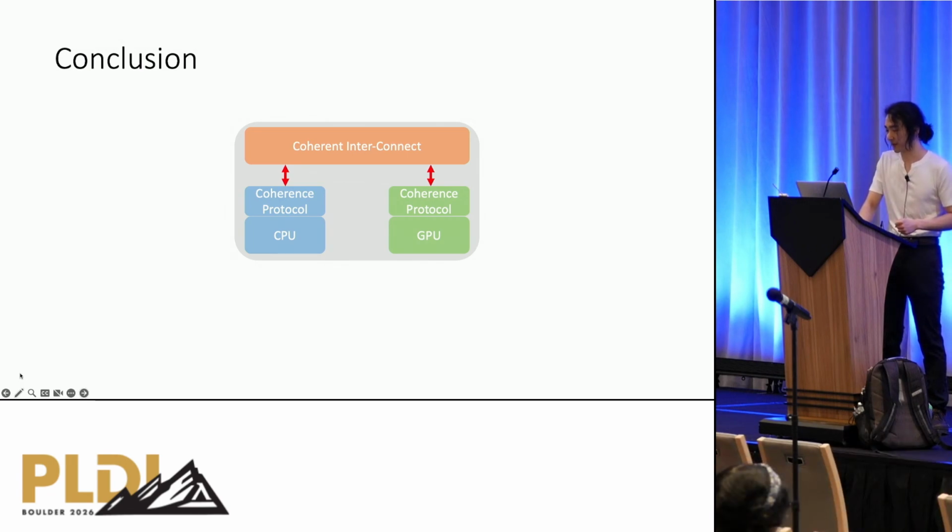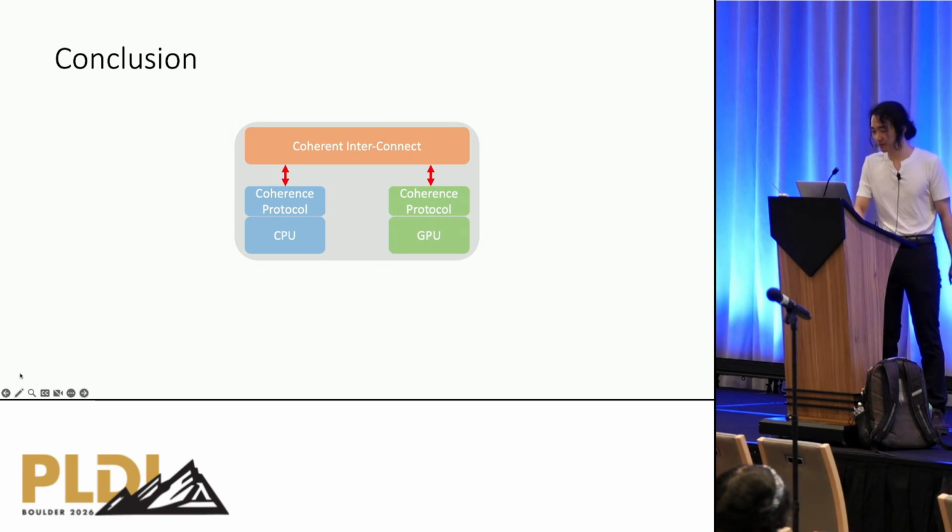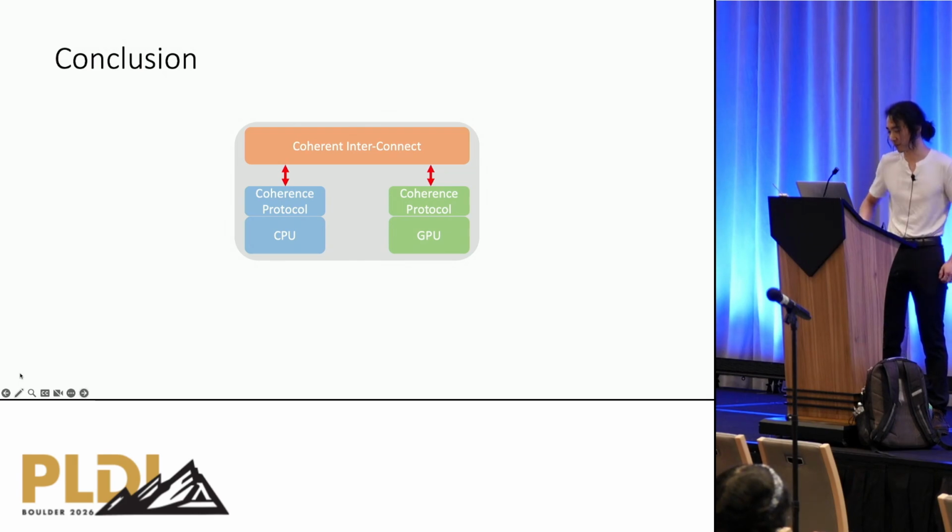So our result does two things. It places heterogeneous shared memory on a formal foundation and enables compositional verification of future hardware, where you simply have to verify that each protocol locally satisfies the axioms, and the composition is then correct by construction. It took decades for homogeneous machines to get to formal consistency foundations, and heterogeneous machines don't have to repeat that history. Right, that's it.